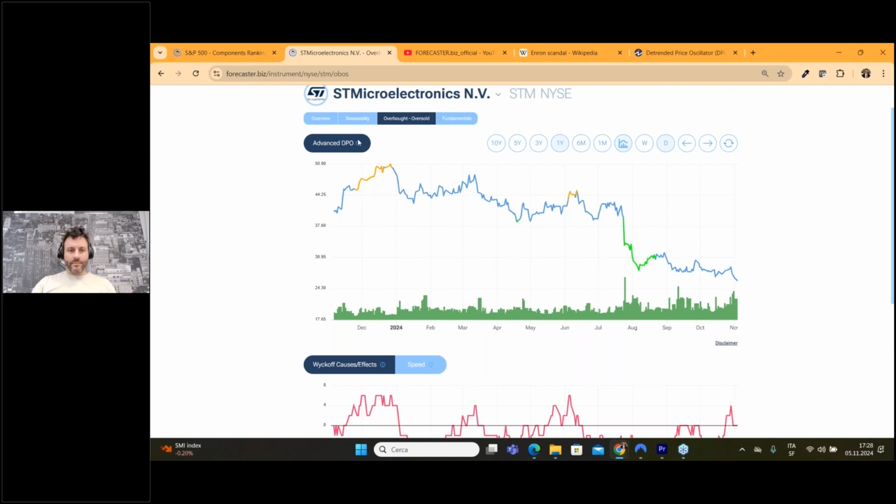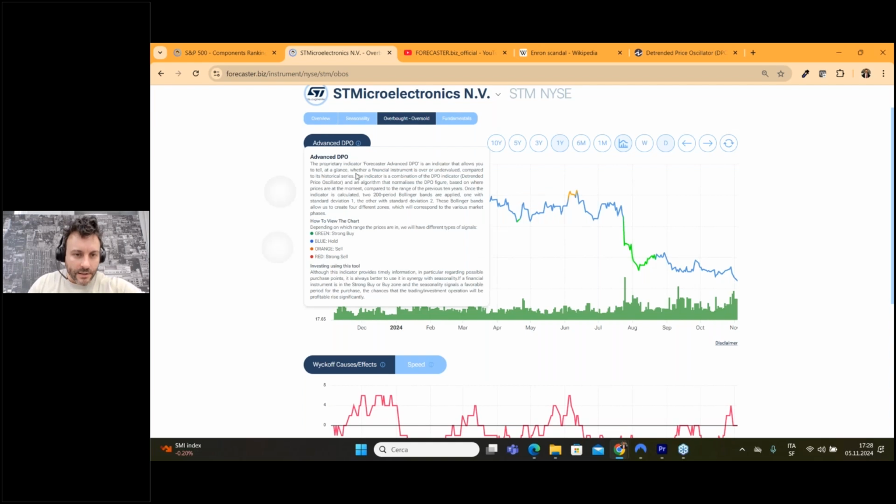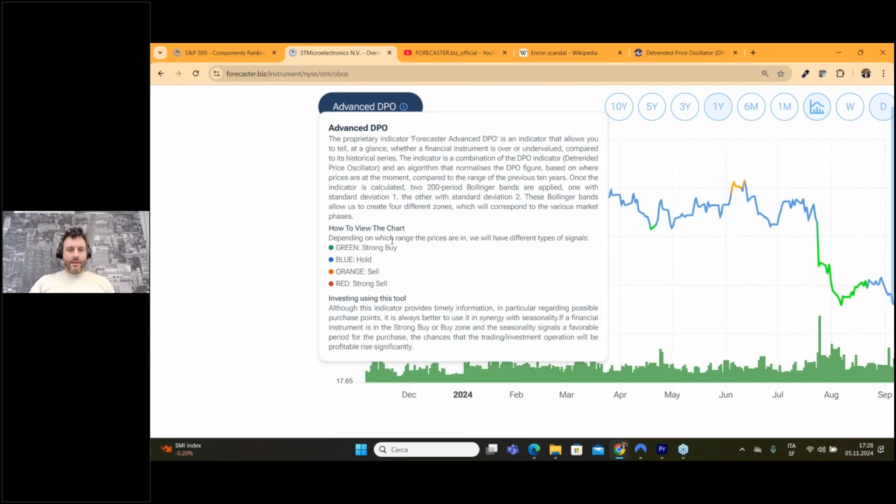Okay, so as you can see here in the menu, if you extract the trend from a chart, you can easily find a chart which is moving sideways, okay? In this case, what we do, as you can find here in the description, we apply Bollinger Bands, 200 period Bollinger Bands, and when the price goes to the lowest part of the Bollinger Bands, we have an oversold situation.